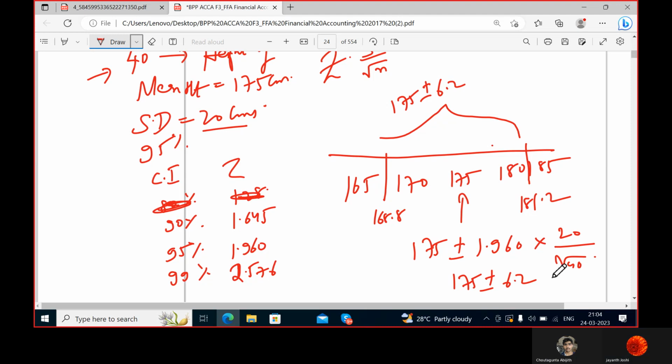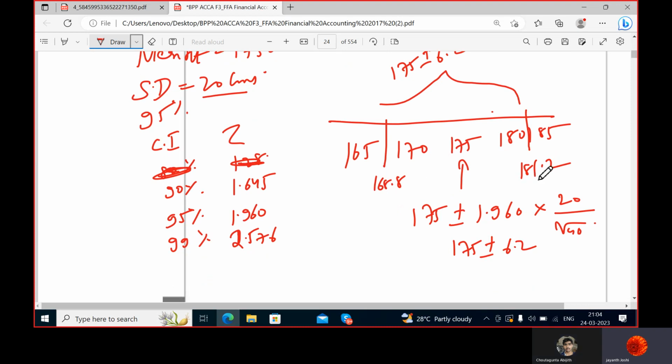Okay, Abhijit? So your confidence interval is 175 plus 6.2 is 181.2, 175 minus 6.2 is 168.8. And between these two values, you are 95% confident, or 95 out of 100 times, you know that your mean is going to lie.